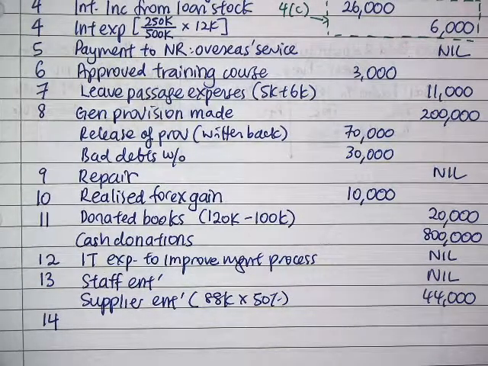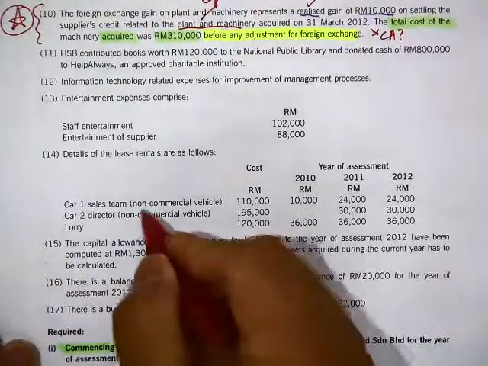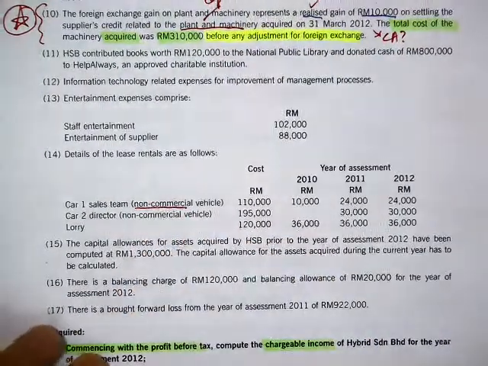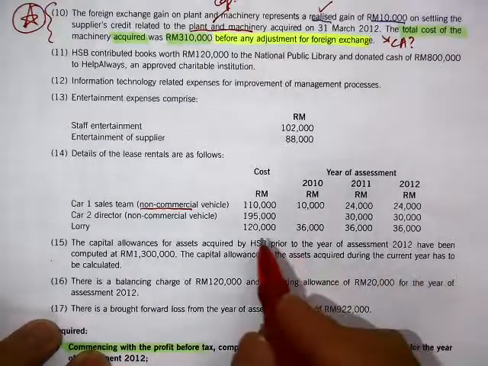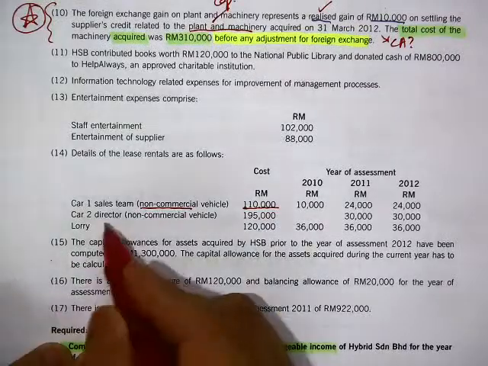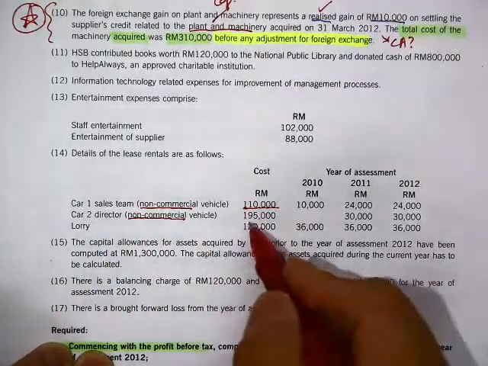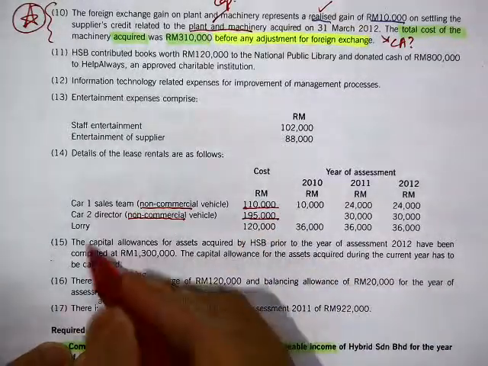Right, details of the lease rentals are as follows. So car 1, I show the note first. Car 1 is non-commercial. The cost is 110,000. Car 2 non-commercial. The cost is 190.